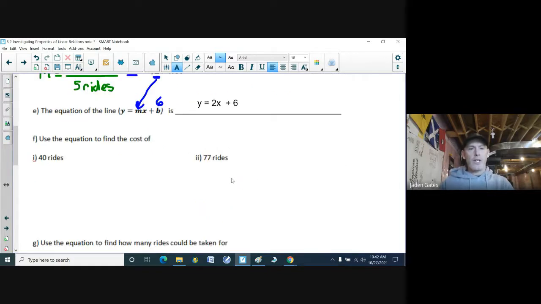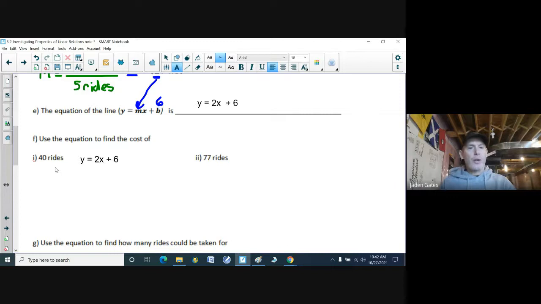All right, now it says use the equation to find the cost of 40 rides. All right, so if we're finding the cost of 40 rides, again, I got to figure out what that value is. So I'm going to write down what my equation is, y equals 2x plus 6.